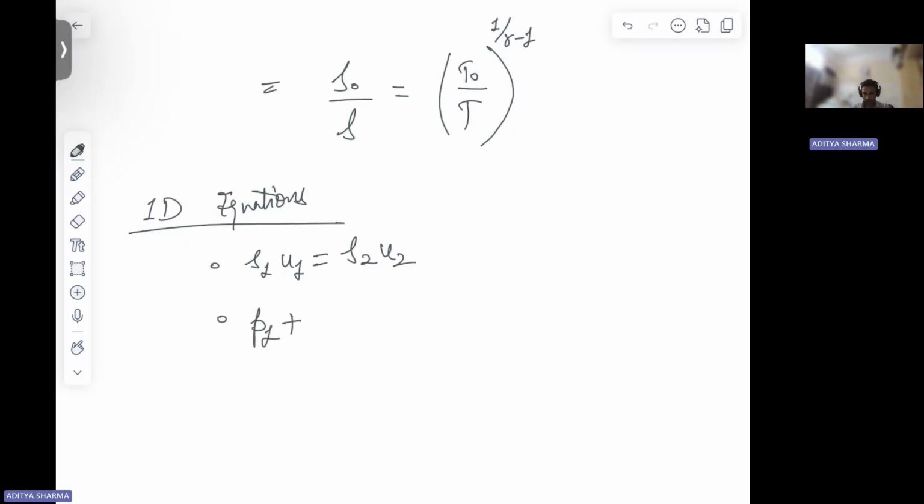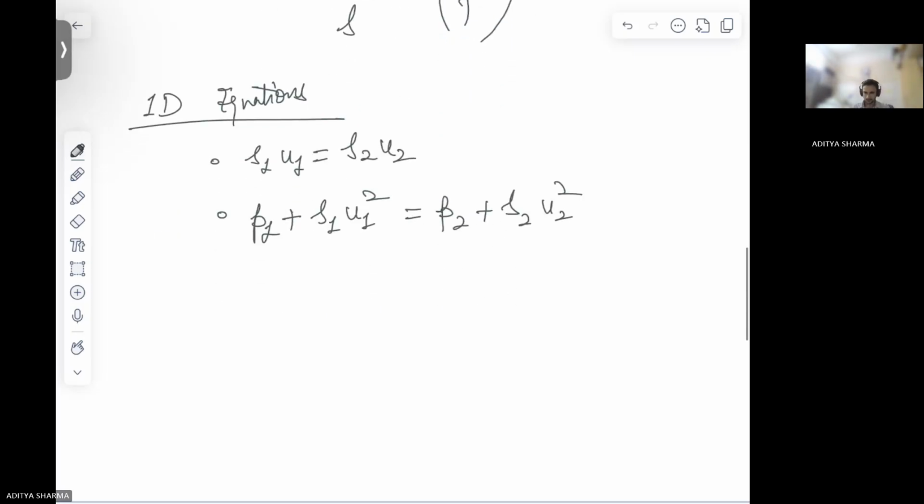Then your momentum equation, which is given this way. Then is your energy equation, which is given this way.